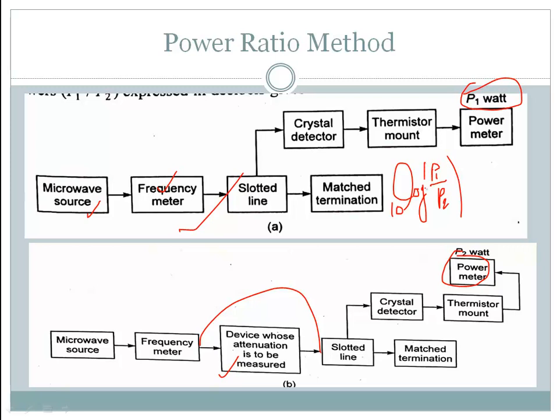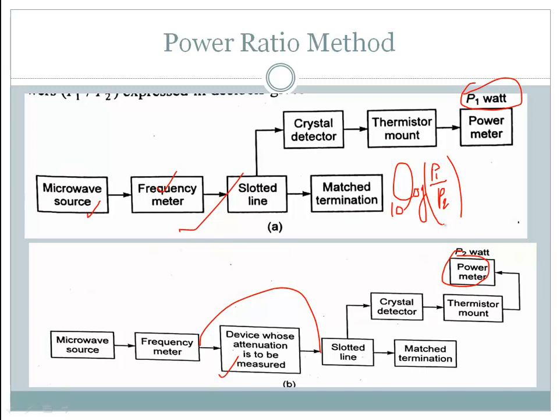The value of this represents the attenuation, but there is a drawback. The drawback of this method is that the attenuation measured corresponds to two power positions on the power meter with crystal detector. The crystal detector works on square law and hence its characteristics are non-linear.